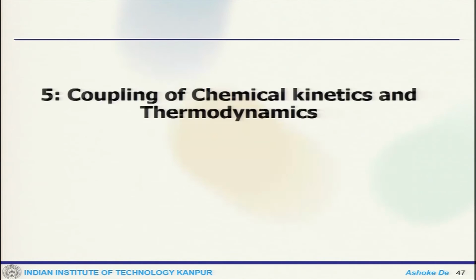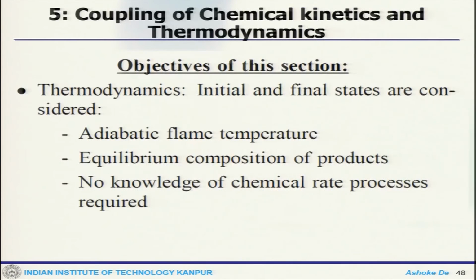We will now move to the coupling of chemical kinetics and thermodynamics. The idea is that we will talk about some fundamental properties here, like adiabatic flame temperature. We talked about it, but we never saw how we evaluate the adiabatic flame temperature.